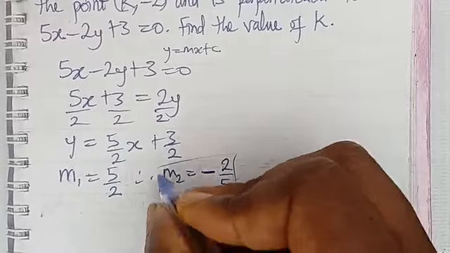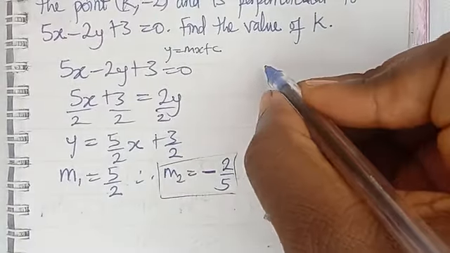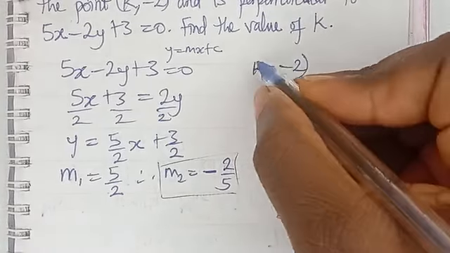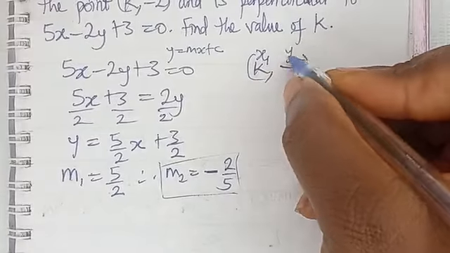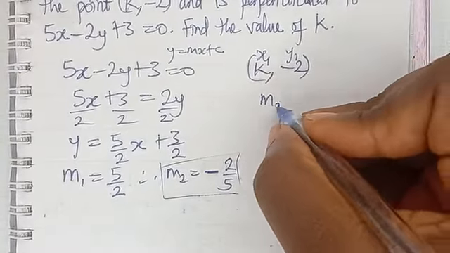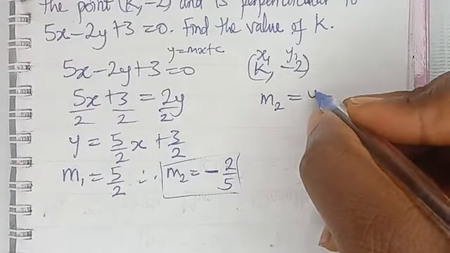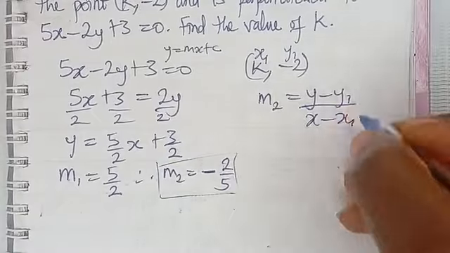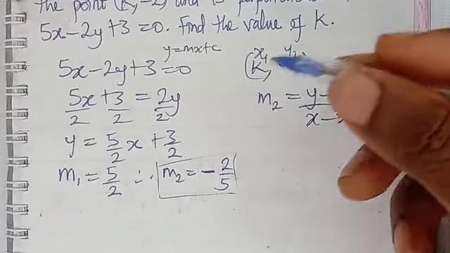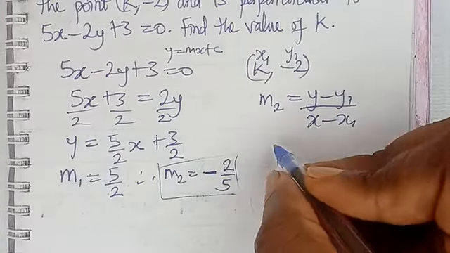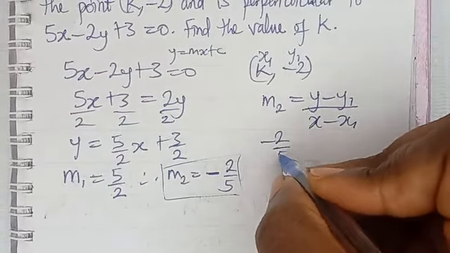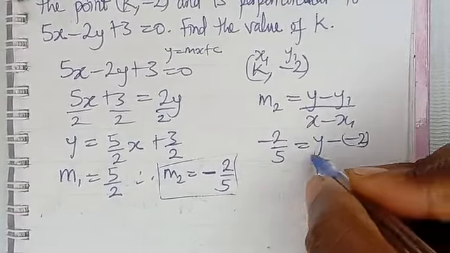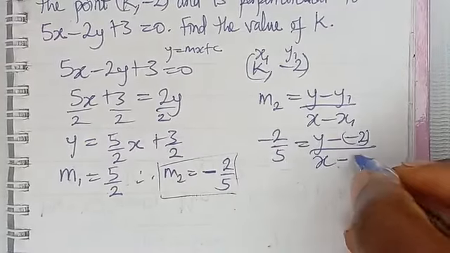So this is m2. And we are told that this line passes through the point k, comma, minus 2. So this is our x1, this is our y1. Now we have that m2 is equal to y minus y1 over x minus x1. This should give us the equation of the line. Okay, we have that negative 2 over 5 is equal to y minus y1, which is negative 2, over x minus x1, which is k.